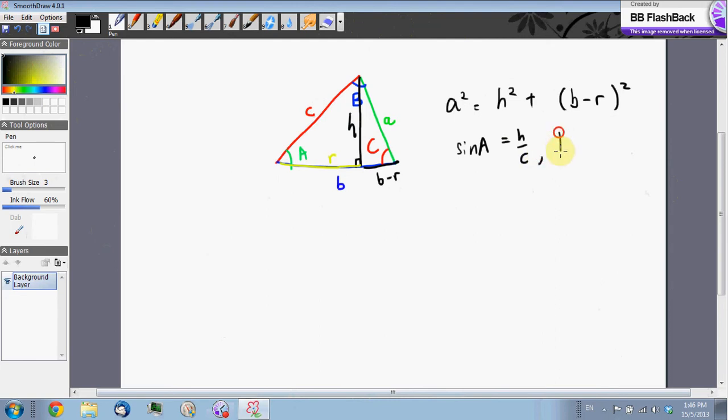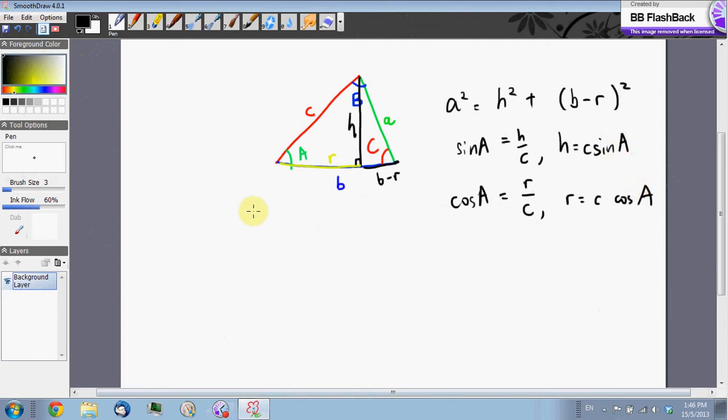And this gives us that H is equal to C times sine A. We also see that cosine A, which is this A, is adjacent divided by the hypotenuse, which is equal to R over C. It gives us that R is equal to C cosine A.